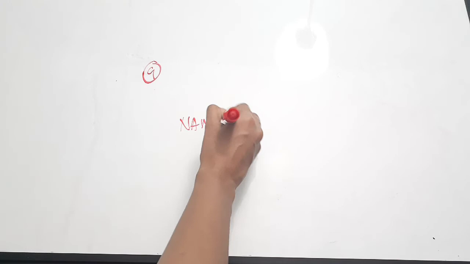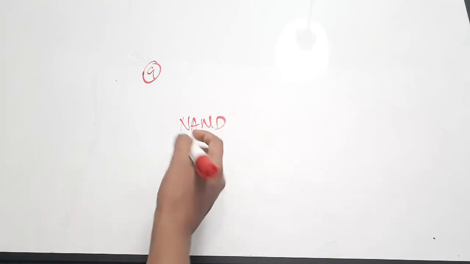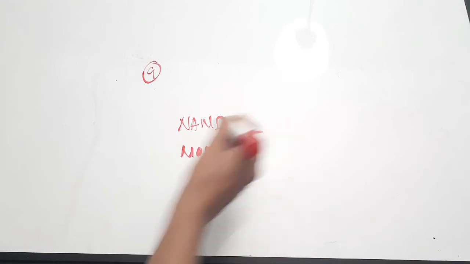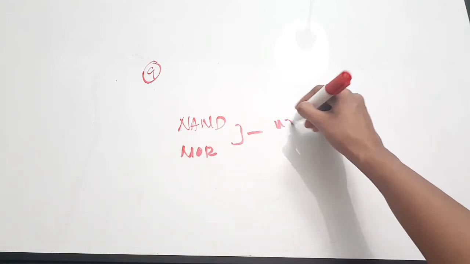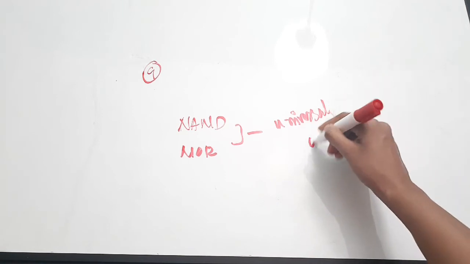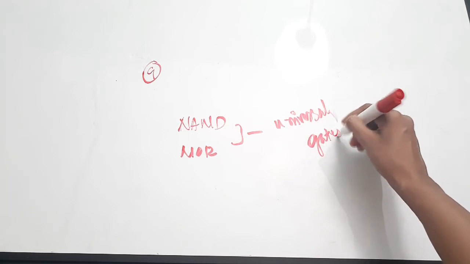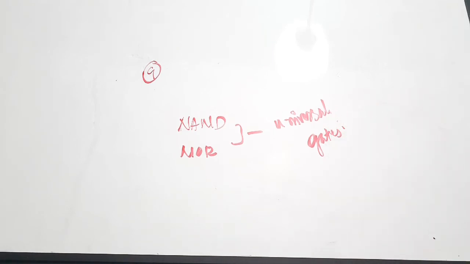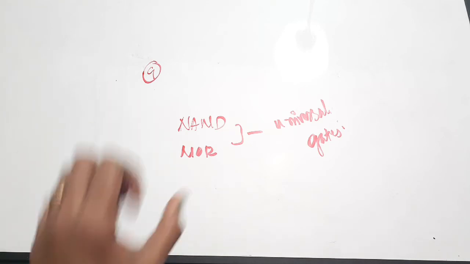Actually, we have discussed this question in a couple of videos. NAND gate and NOR gates are called universal gates. Very commonly asked type of question. And why are they called universal gates? Because we can realize any gate or any logic using NAND and NOR gates.